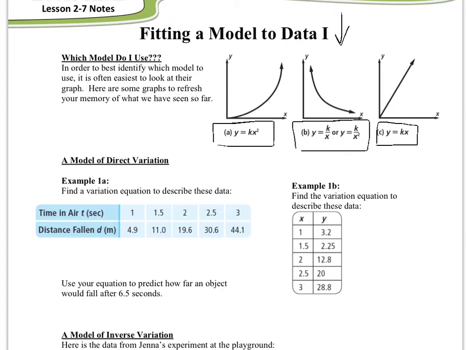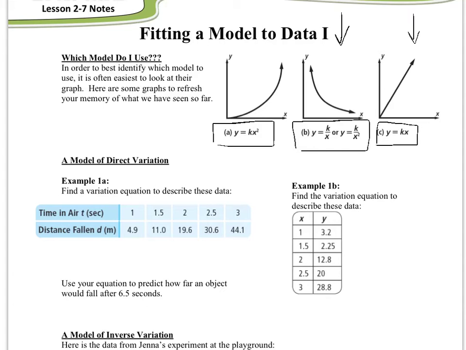Or that third graph, y equals k times x, is a straight line going up in that first quadrant.